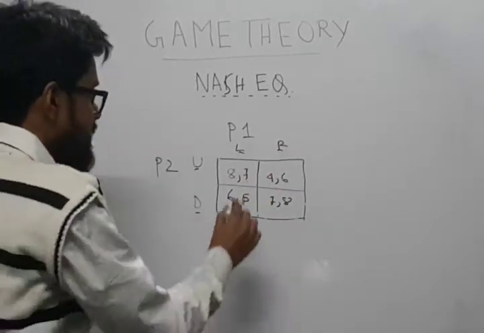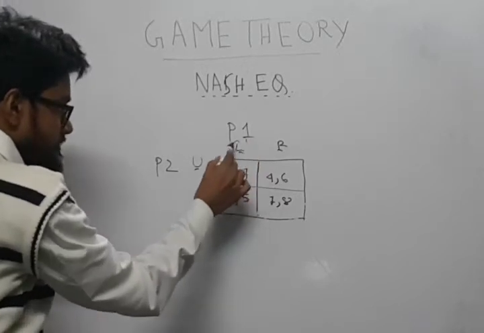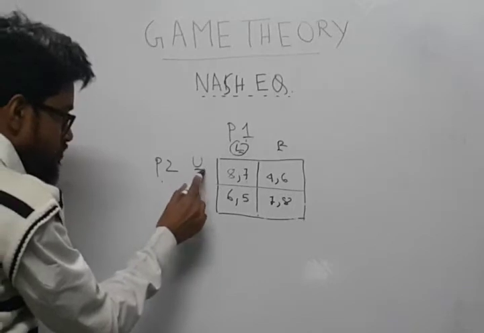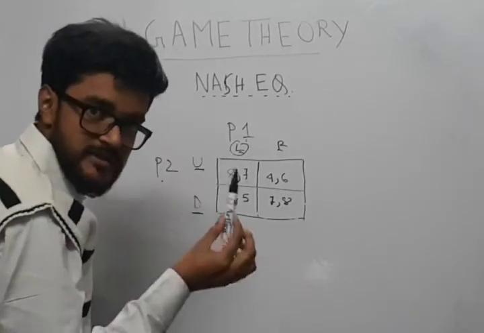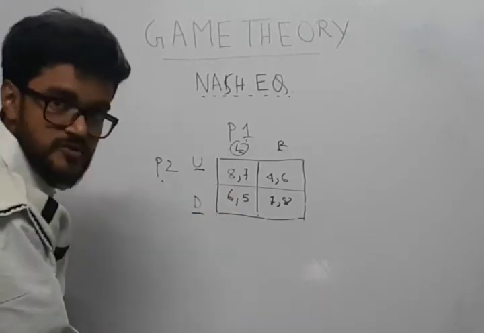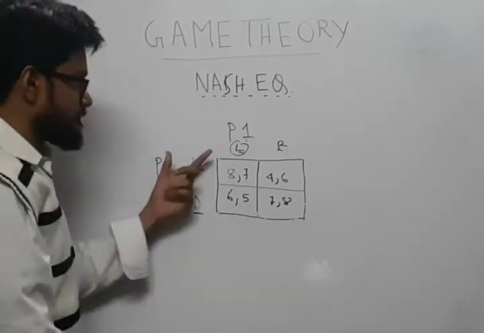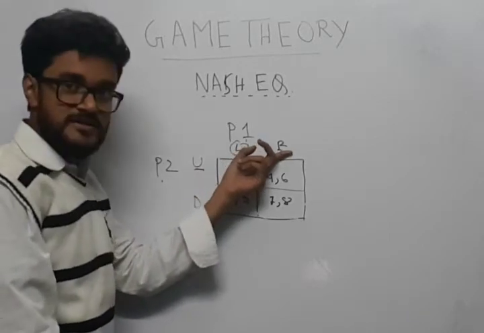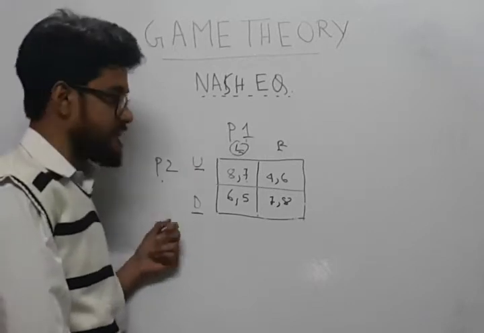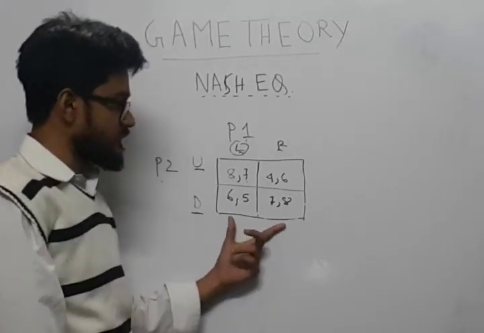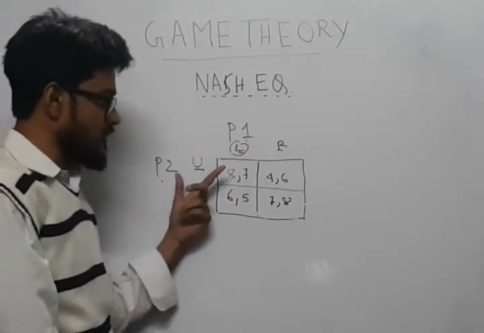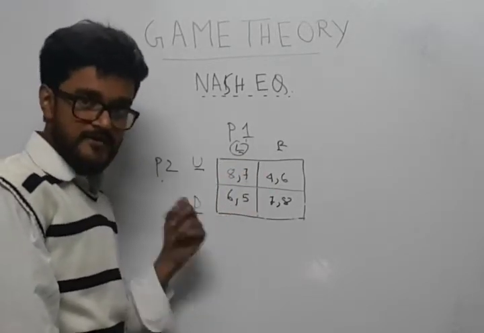Suppose player 1 opts for one strategy, now player 2 can either choose U or D. Given one player's strategy, the other player can choose either of these two strategies. Similarly, if player 1 chooses R, player 2 can choose either U or D. So this way we can find the Nash equilibrium.